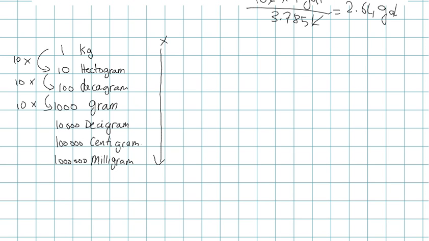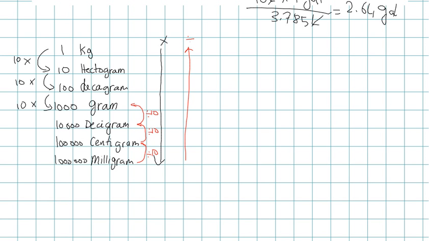Now, if you're going back up, you divide by 10 for every step you take. From whatever you have to whatever you're going to, you count how many steps you take, and you divide by 10 that many times.